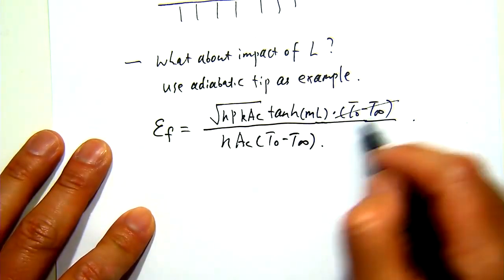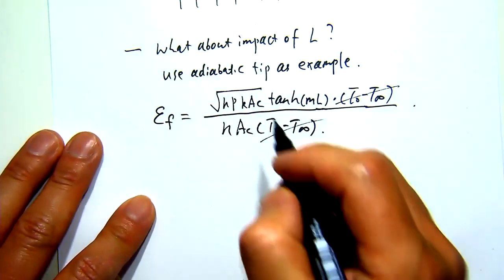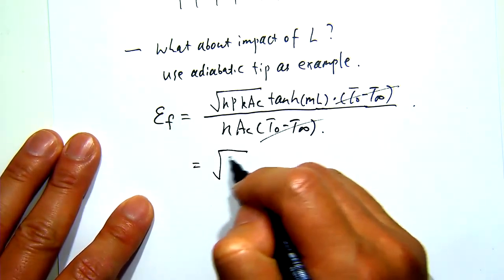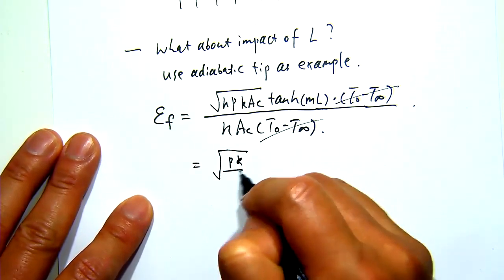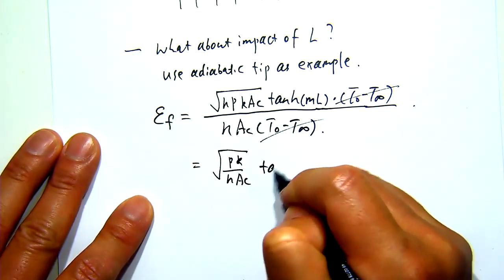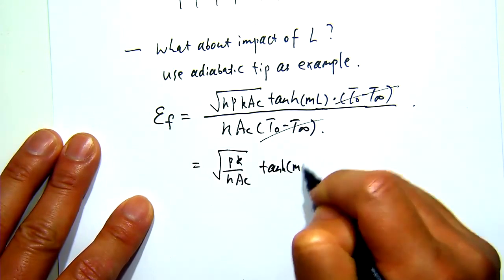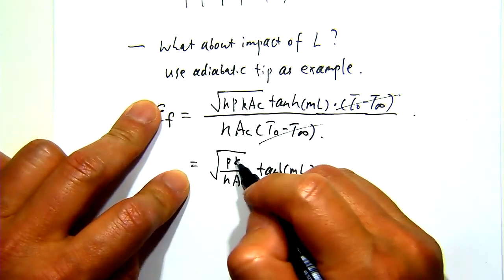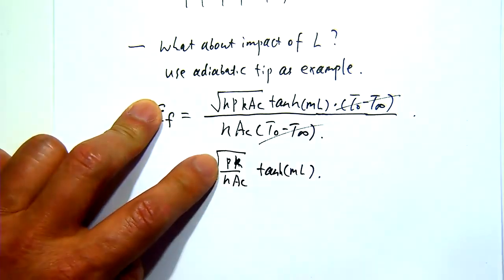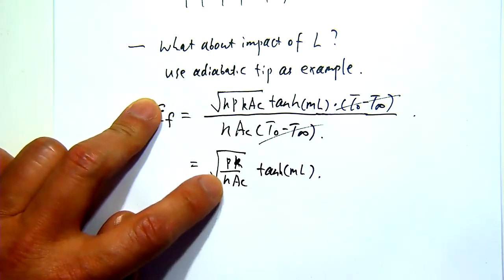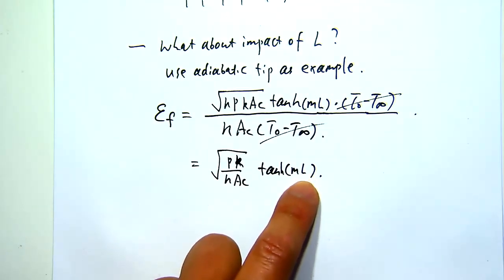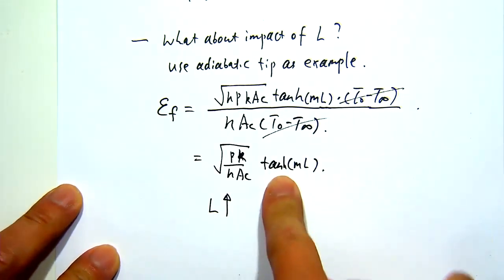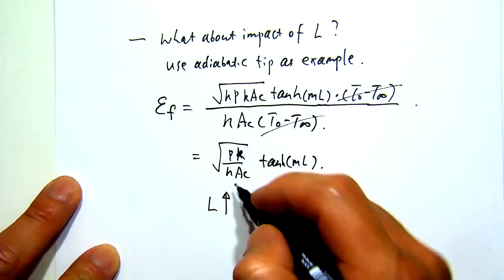Again, this gets cancelled, and we end up with sqrt(Pk/hA_c) tanh(mL). So for a given structure, these are the parameters we already discussed, and they are fixed. The variable here is L. So when L increases, this hyperbolic tangent goes up, so the fin will be more effective.